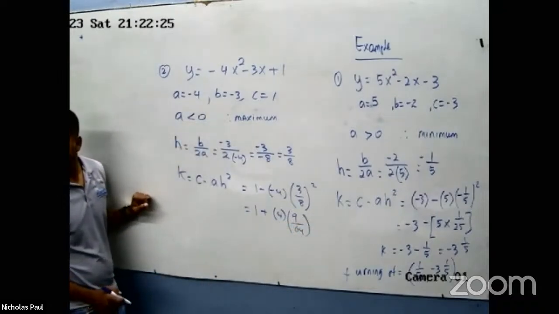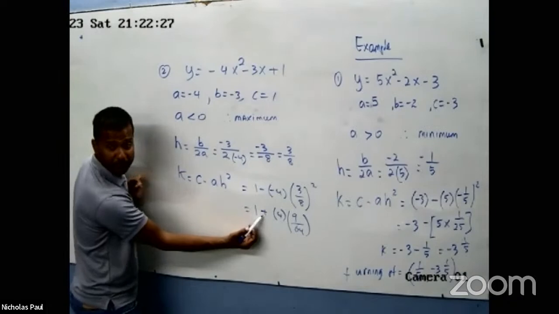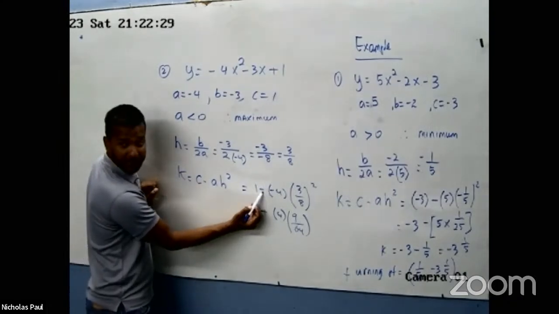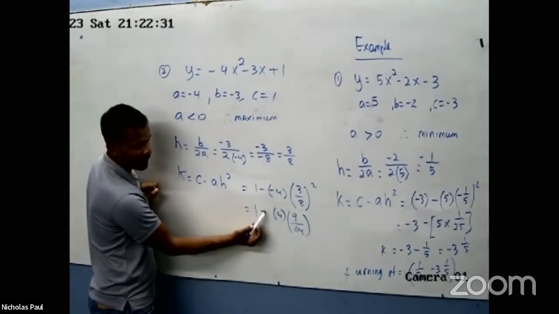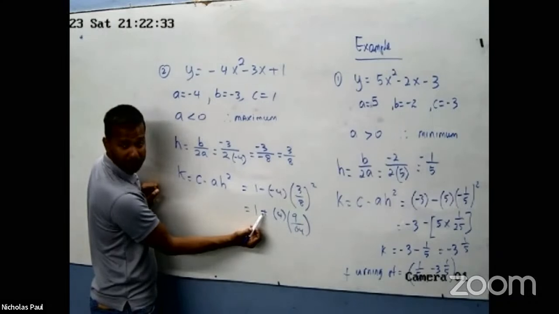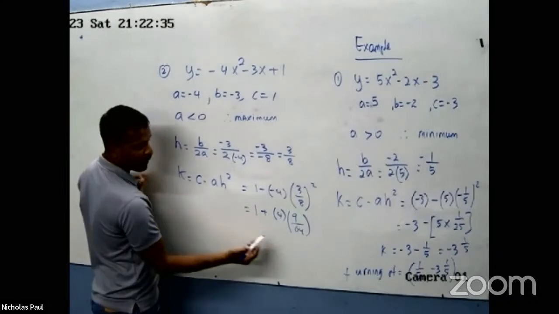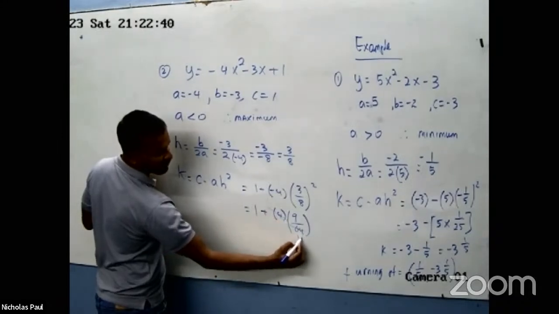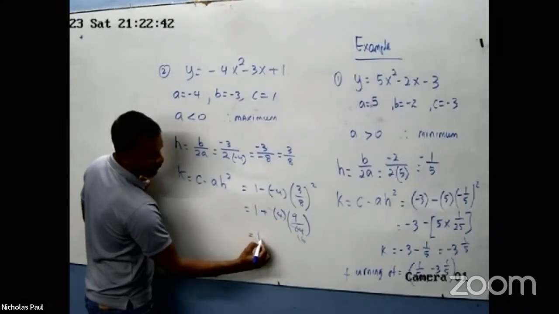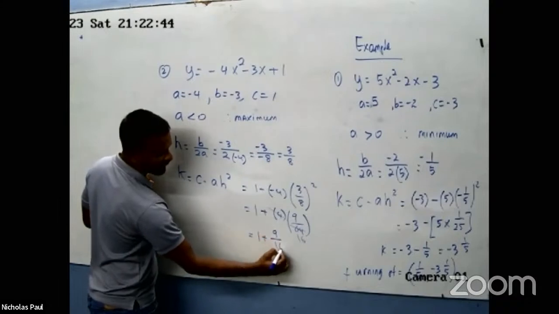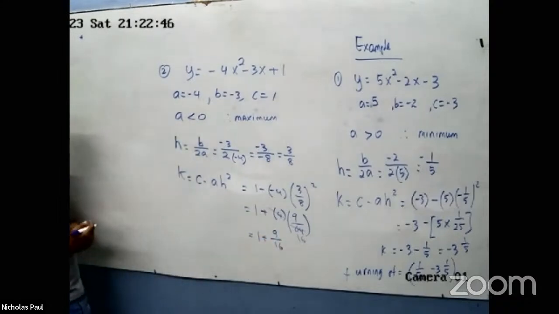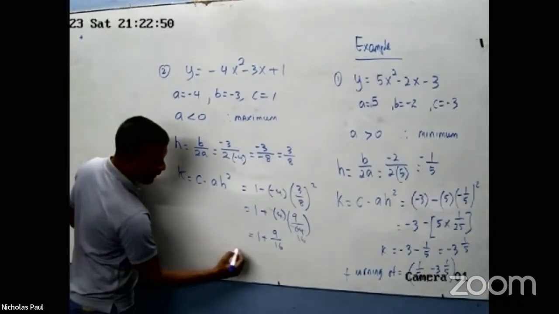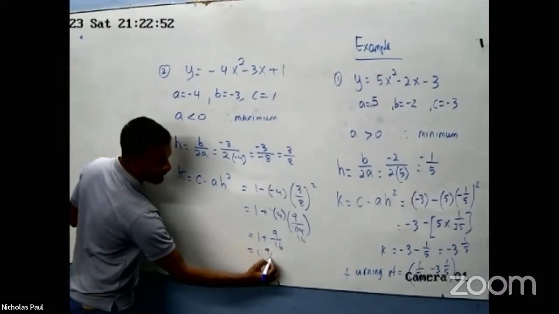All okay with that? I have a minus and a minus here, so I got a plus sign here. That's okay? And then this 4 will cancel with 64 and give you 16. So we end up with 1 plus 9 on 16. Okay? And we'll end up with 1 and 9/16.